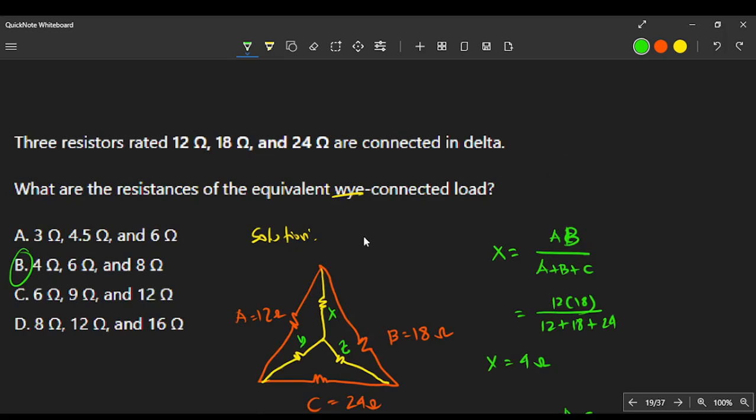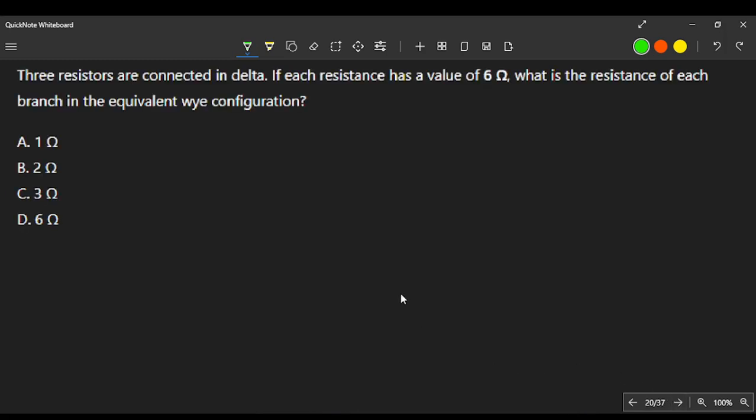Next. Three resistors are connected in delta. If each resistance has a value of 6 ohms, what is the resistance of each branch in the equivalent Y configuration? Solution: the resistances are equal, and they're connected in delta. The formula is R delta equals 3 RY.